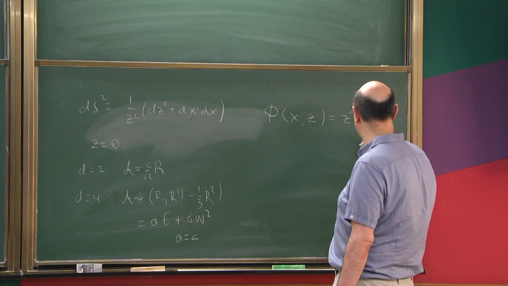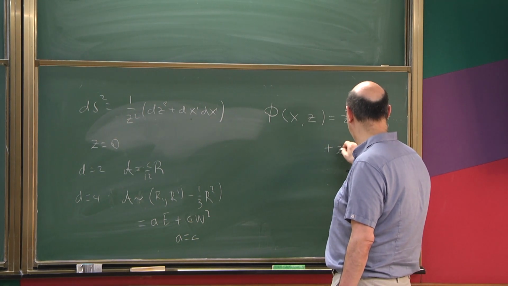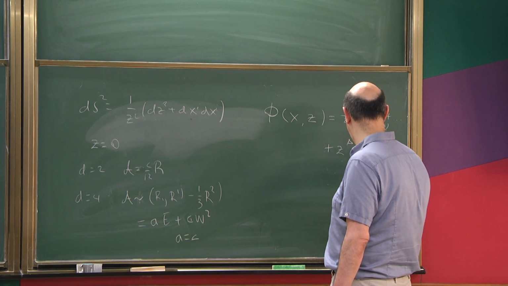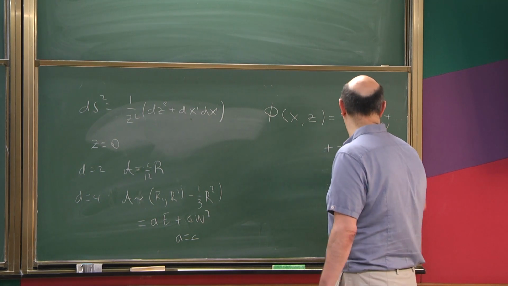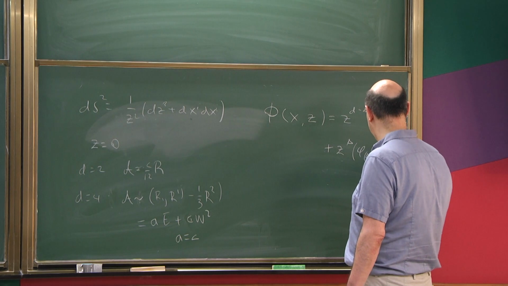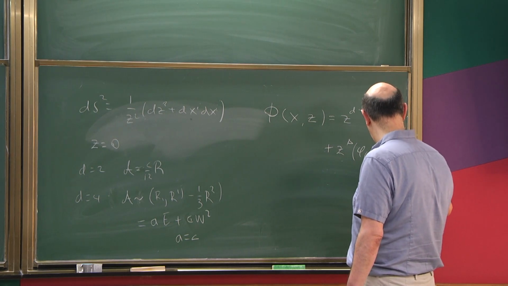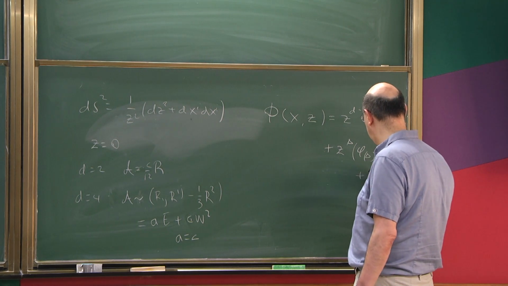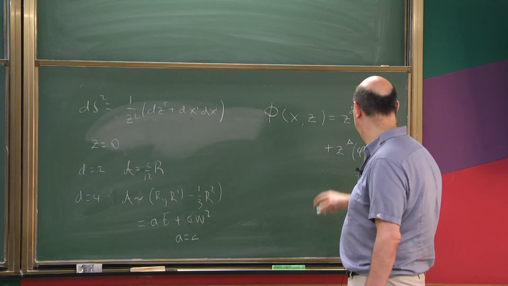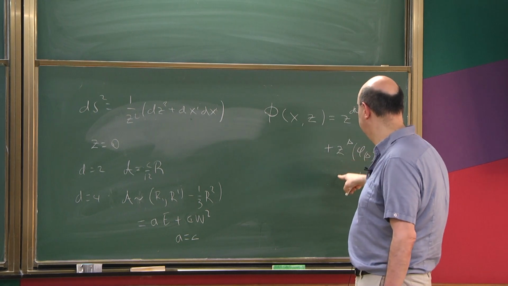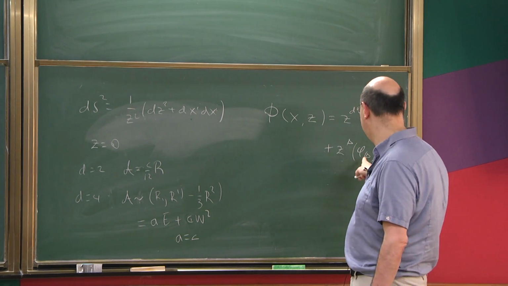Then I have a few other terms, and then z to the delta, and in some cases I have a log. And this is the source, as you would see in a few slides.